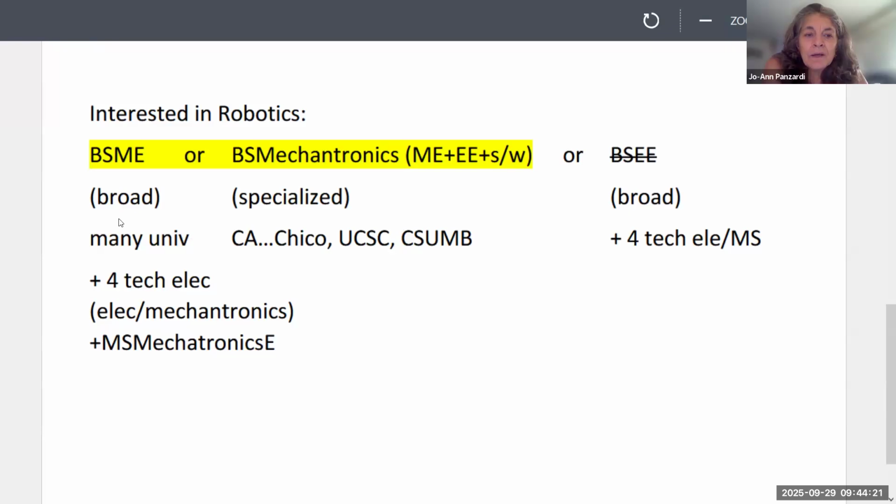You could get mechatronics, which is offered at many different universities. Mechatronics in California, it's Chico, UC Santa Cruz, and CSUMB, Monterey Bay, which just started a mechatronics program. Same kind of thing. You can take your 4 technical electives in electronics and mechatronics, or you get the specialized degree.